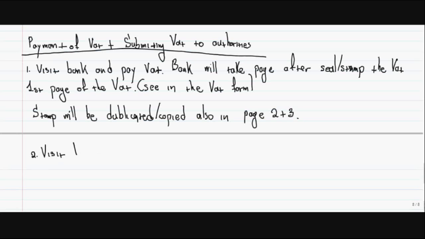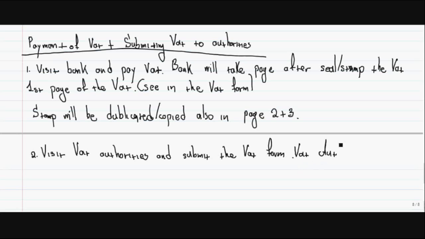So you visit the VAT authorities. They will check and see that you paid the VAT payable, because they will see the bank seal, as I explained before, and they know that you already paid. Once the VAT authorities verify your payment, they will take page 1.